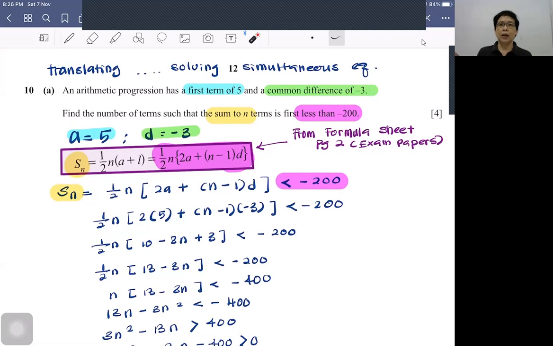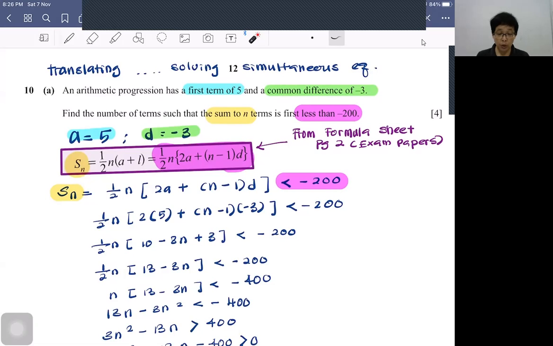You will realize that the summation is going towards a negative total, and they want you to find the very first n when the sum, S of n, is less than negative 200. So in other words, you're going to find the n value.